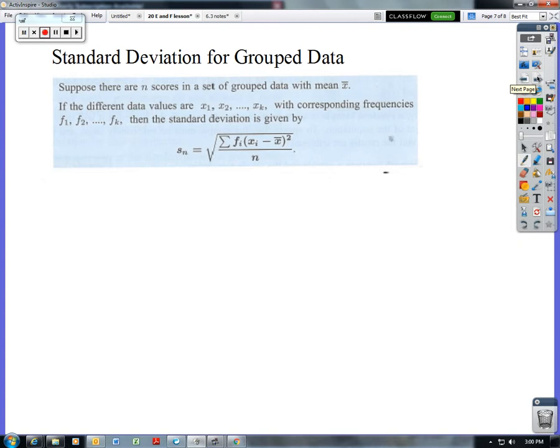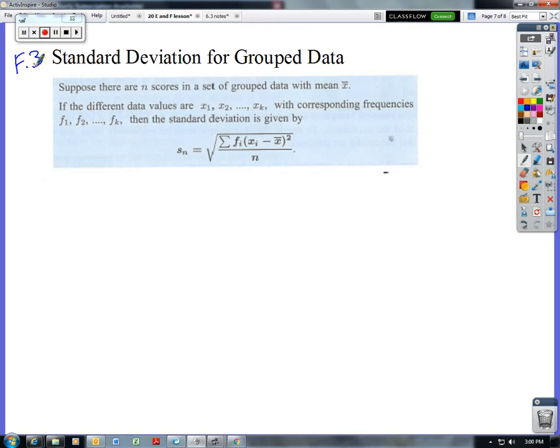This is standard deviation for grouped data. This is actually F.3. We just blazed right through F.1 and F.2. I just copied this right out of the book. Suppose there are n scores in a set of grouped data with a mean of x bar. So we're talking about categories here, like 10 to 20, 20 to 30, and that sort of thing.